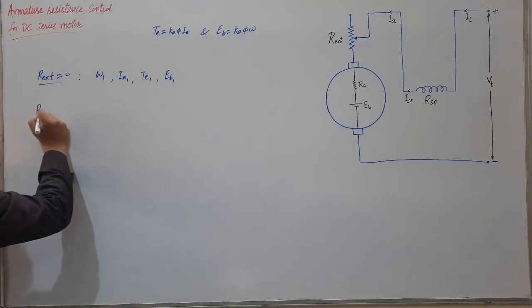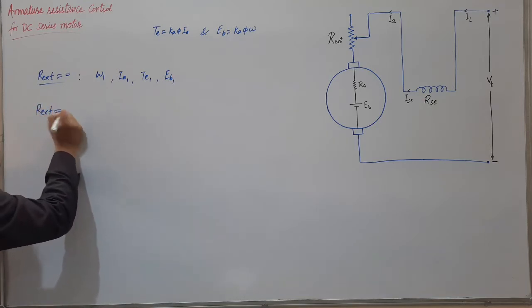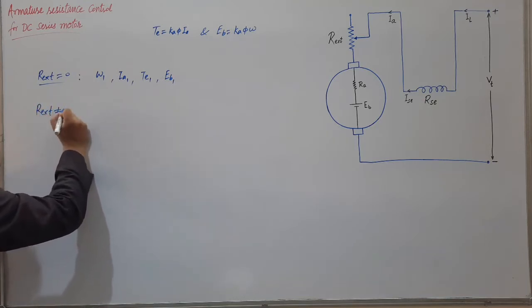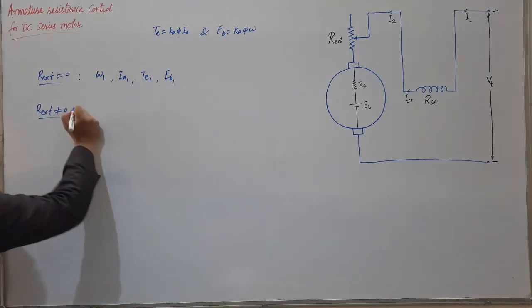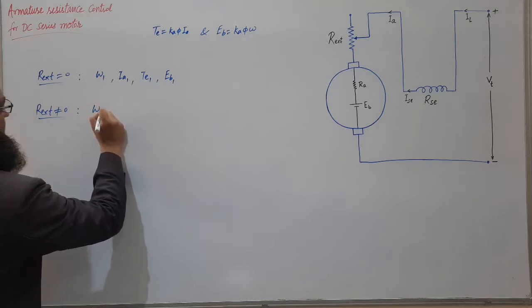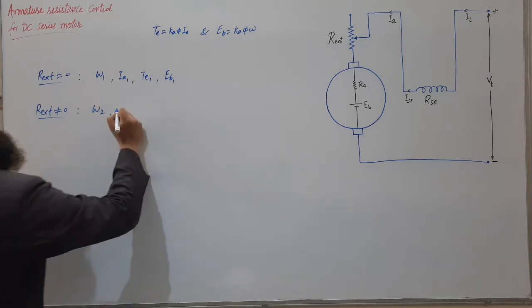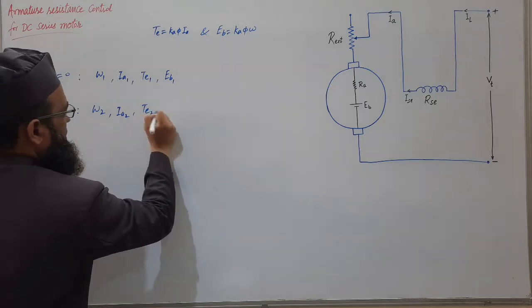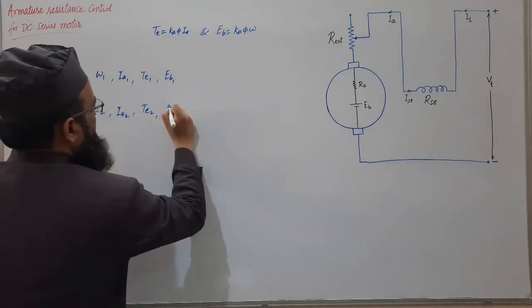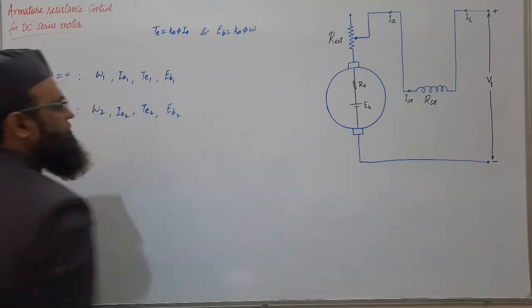Now when Rext is added in the armature circuit, that is when it is not 0, the corresponding speed let us represent by omega 2, armature current by Ia2, electrical torque by Te2 and back EMF by Eb2.